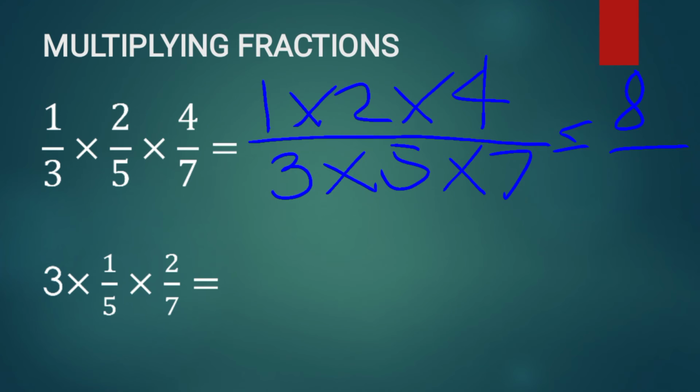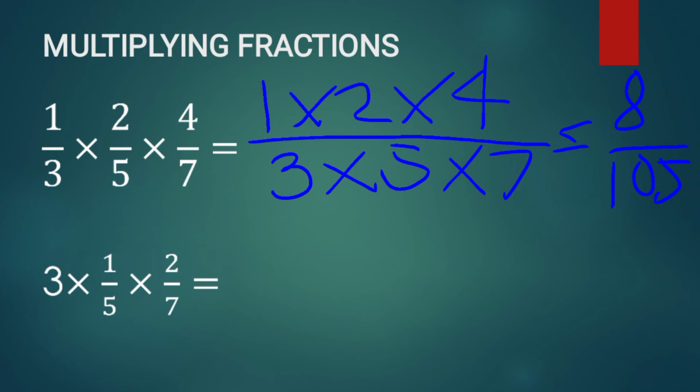All over 3 times 5 is 15 times 7 is 105. So therefore, the product of 1/3 times 2/5 times 4 over 7 is 8 over 105.